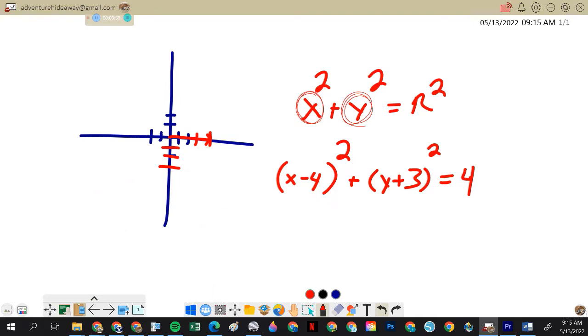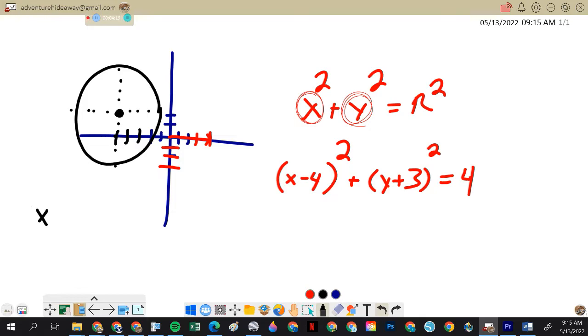All right. What if I put a circle right here, and I did what would the equation of that circle be? So it's going to be x plus 5.